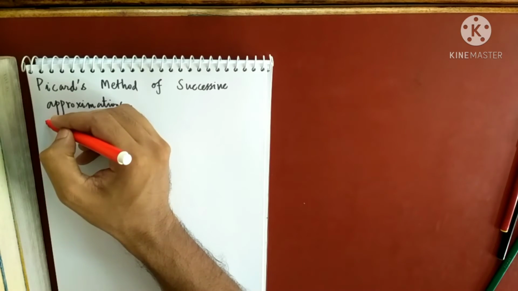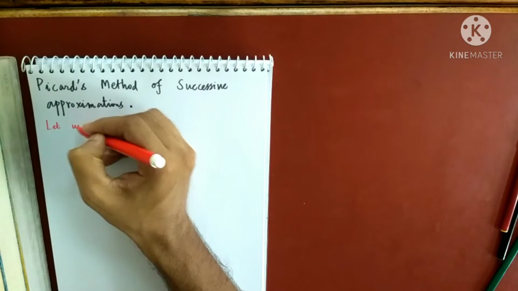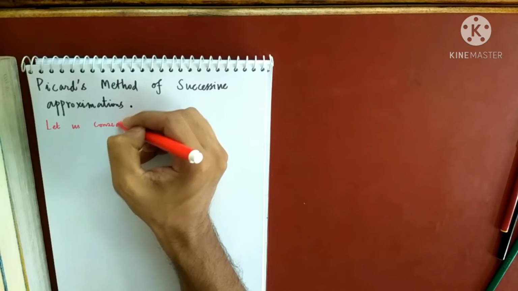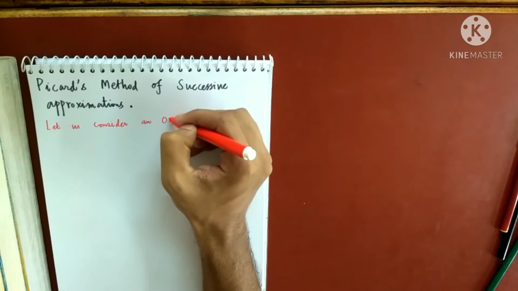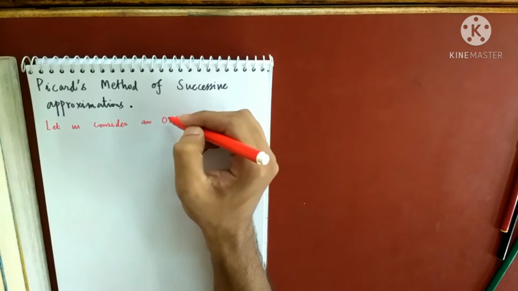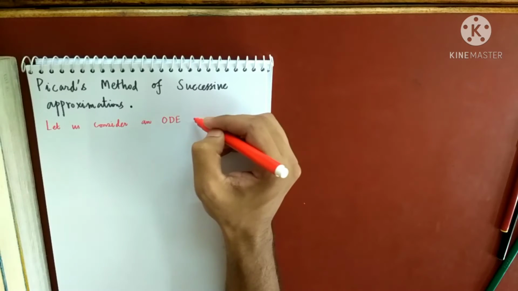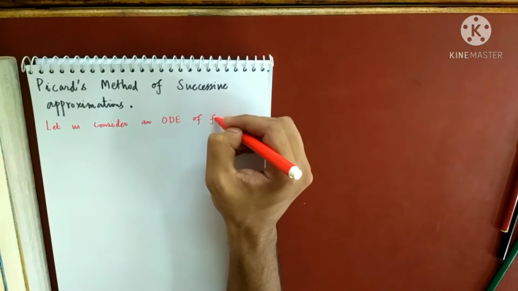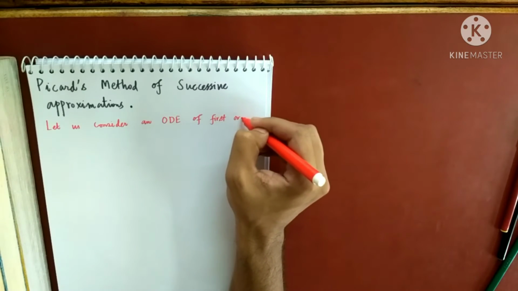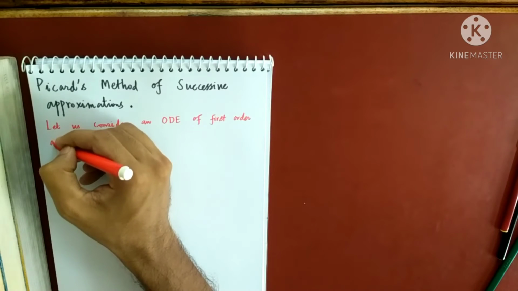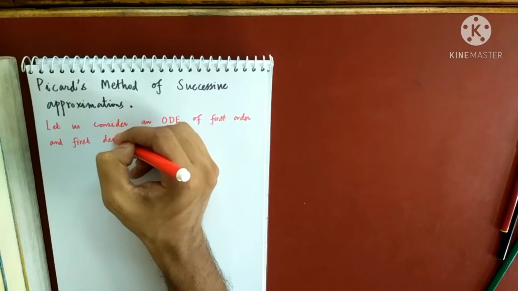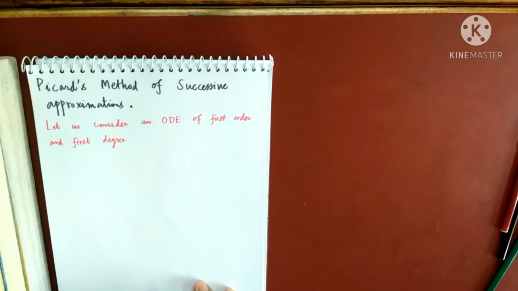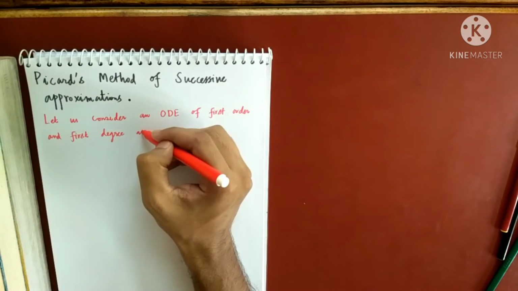So again, let us consider an ordinary differential equation, ODE, of first order and first degree. That means the same thing, first order and first degree. As already mentioned, we will be only talking about this kind of differential equations in our course, like this IVP, right?